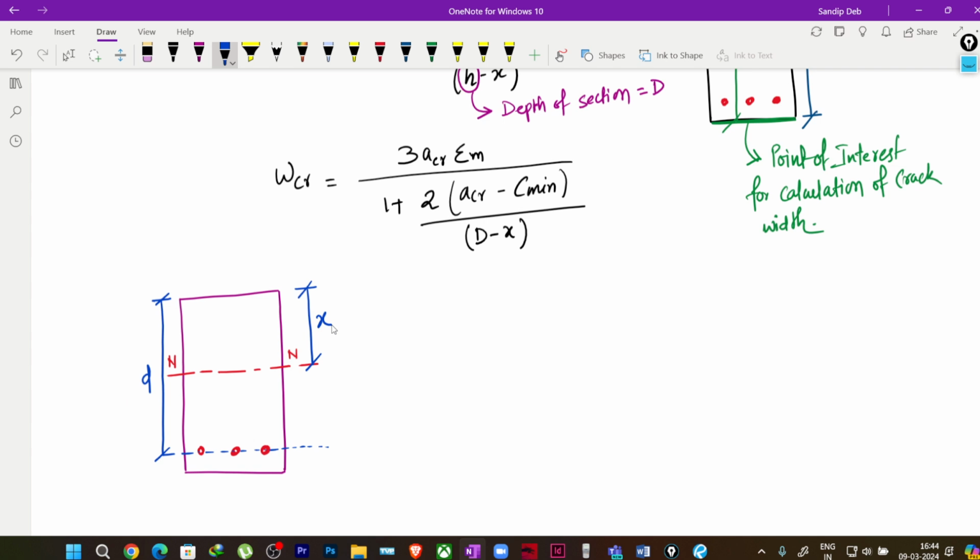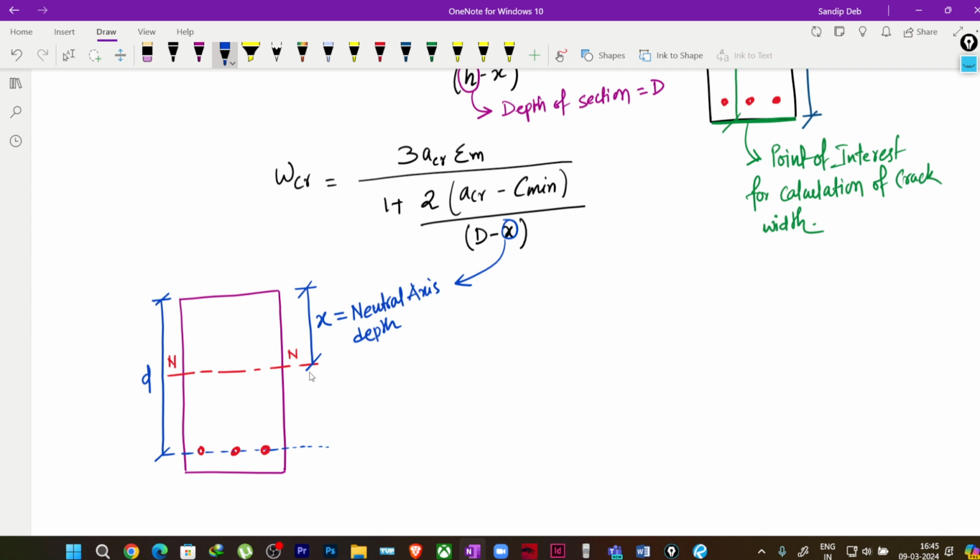But for now we are considering bending at the bottom. You can do the same for the other case also. So this is my neutral axis, x equal to depth of neutral axis. So this is what x is actually. It is my depth of neutral axis.